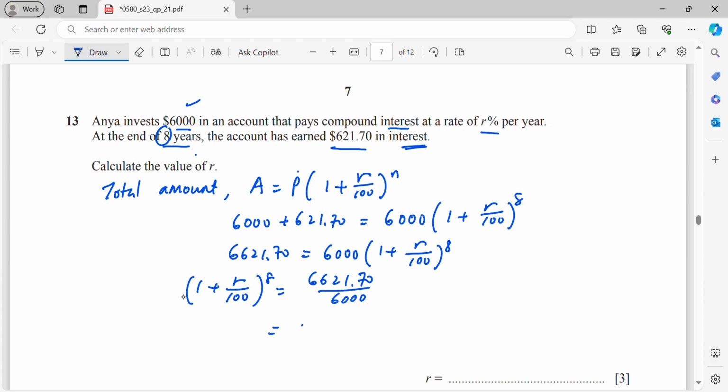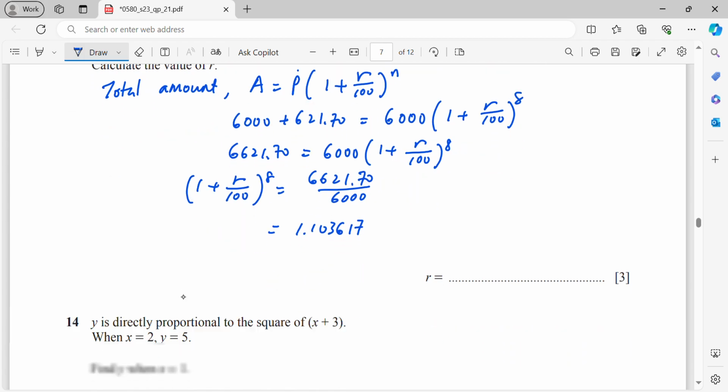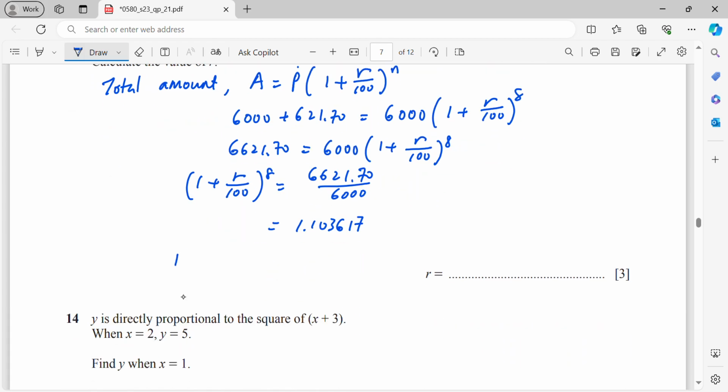Therefore, this is going to be 1.103617. And then now I need to get the R. So 1 plus R over 100 is the 8th root of this value. And this is going to be 1.0124.